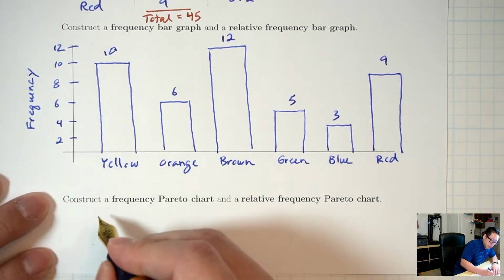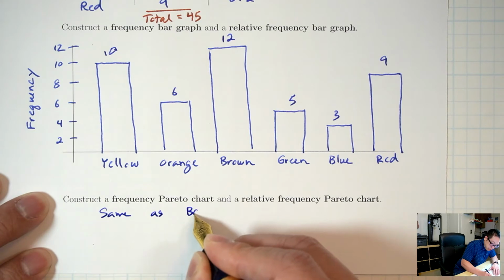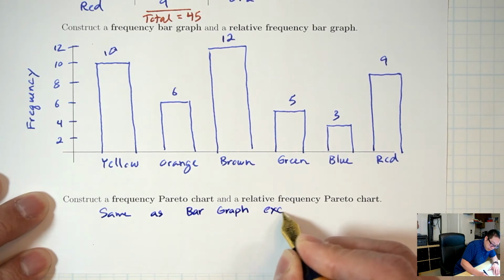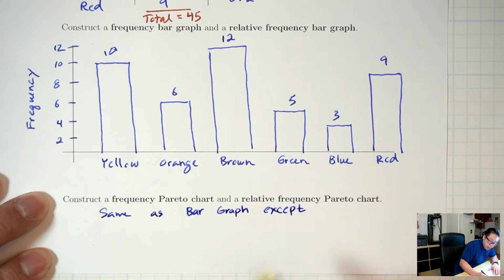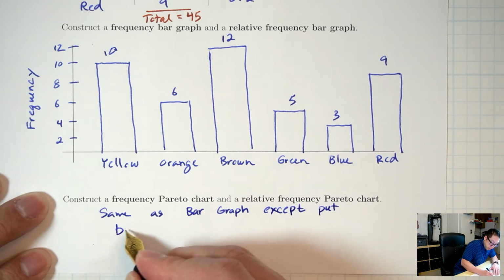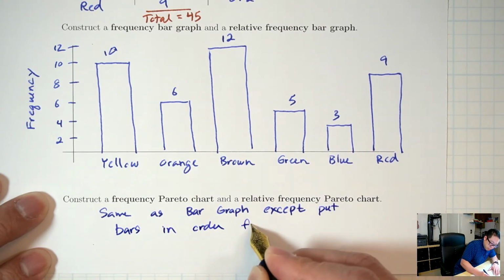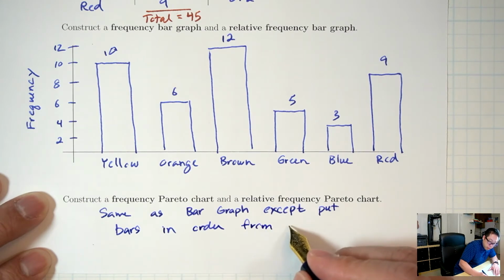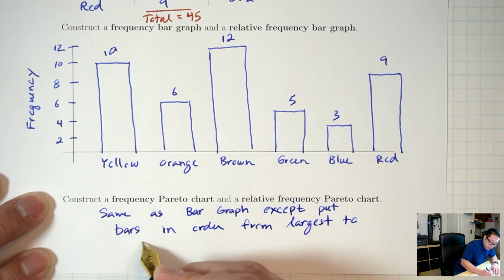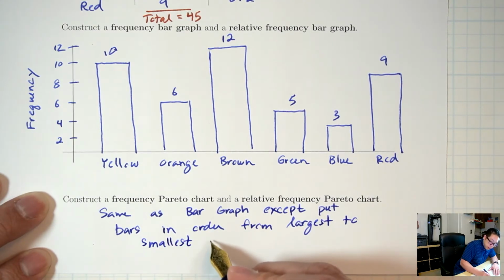So it's the same as the bar graph, except you're going to put the bars in order from largest to smallest frequency.